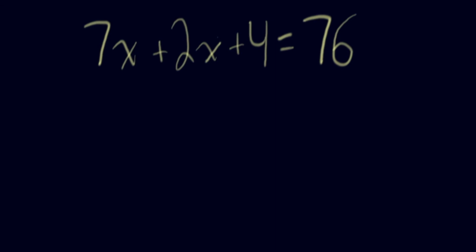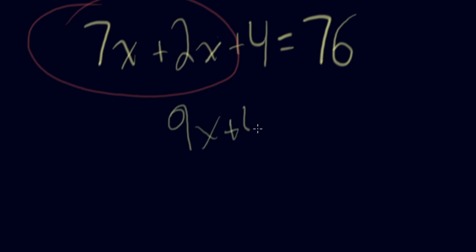One of those things is we want to always combine like terms on the same side if possible. So before I even started, I'd want to combine these because they're the exact same kind of terms. They have the same variable and the same exponents. So 7x's and 2x's, I have 9x's. And I still have my 4 and the 76.